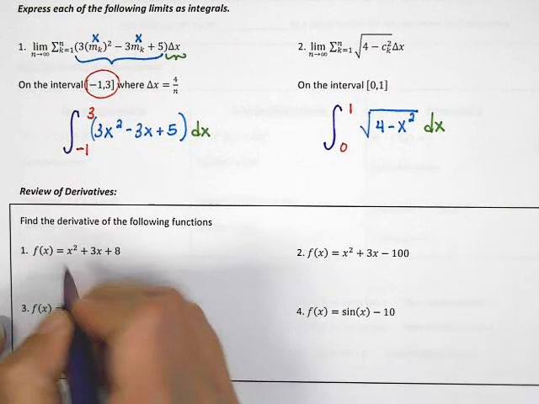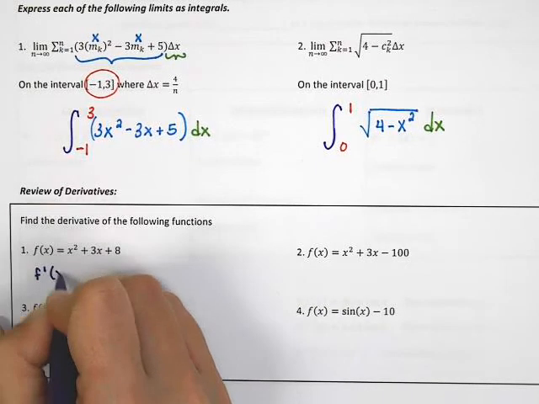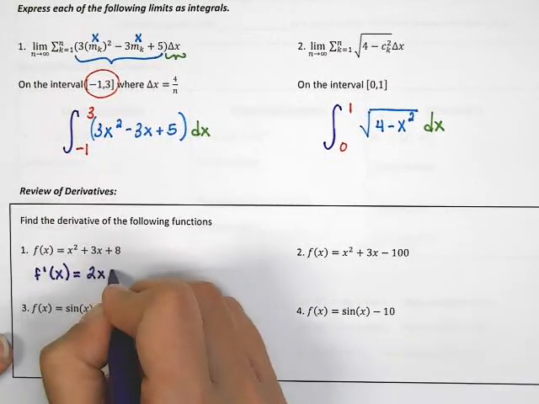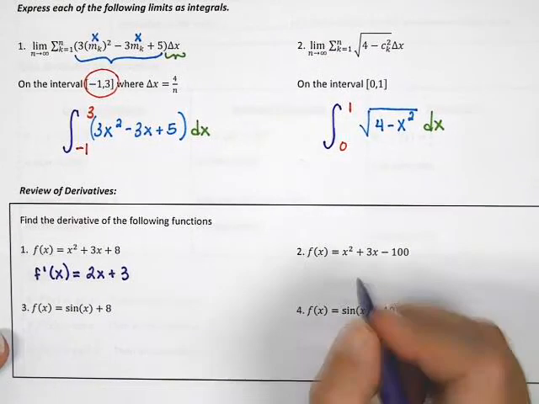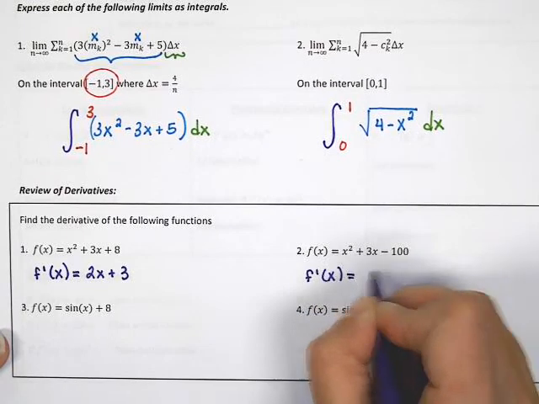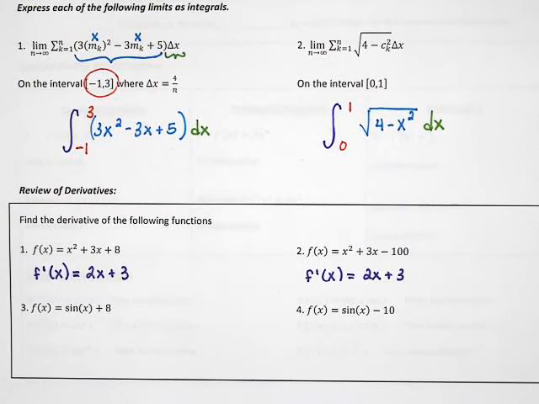So if I asked you to take the derivative of each of these functions, the derivative of f of x equals x squared plus 3x plus 8 would just be 2x plus 3. The derivative of f of x equals x squared plus 3x minus 100 would be f prime of x equals 2x plus 3. Now you'll notice that the derivatives here are the same even though the original functions were not.